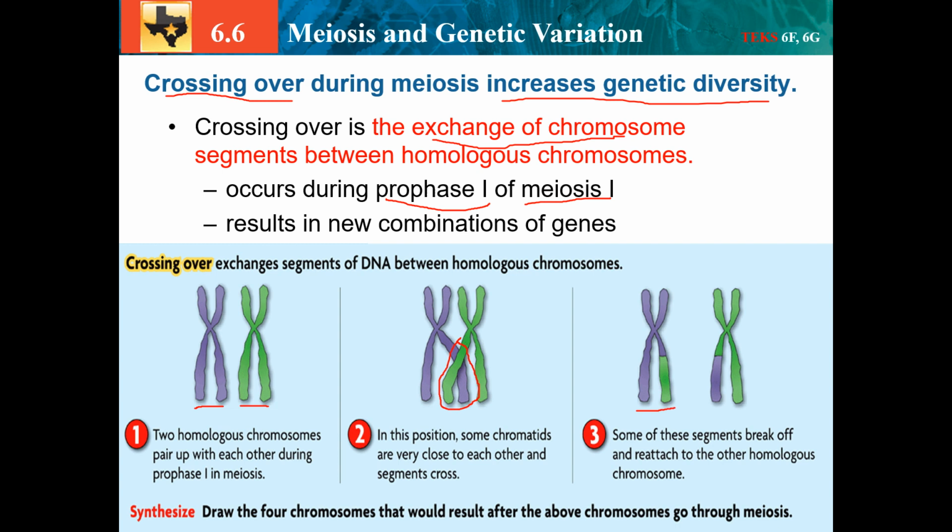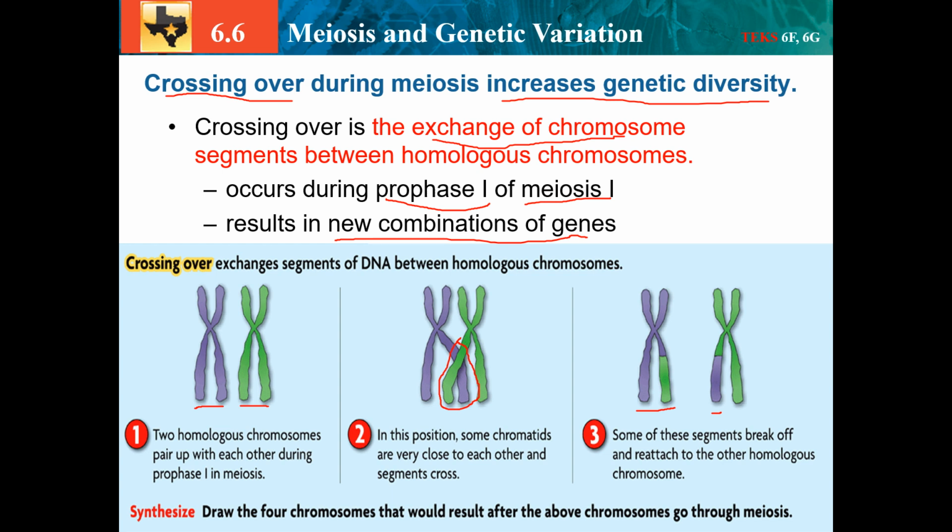So you can see they've got green there and purple there. So imagine that, the genes on here are going to be slightly different than the genes on here. And that's going to create genetic diversity. So it's going to give you a new combination of genes.